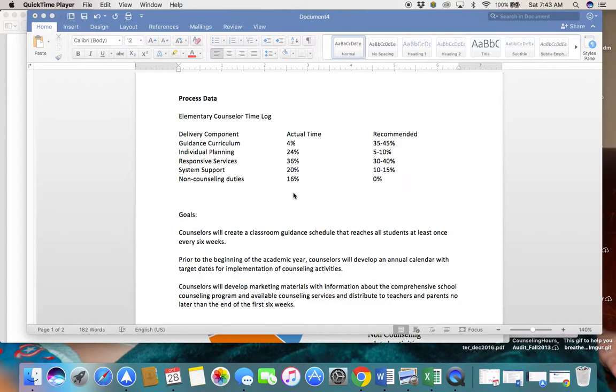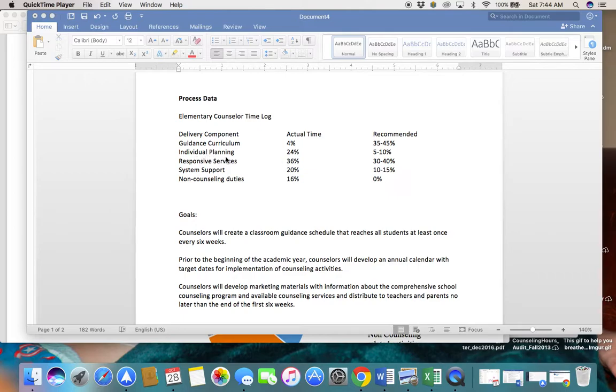Now, those of you who were on the night that Monica presented this know that she didn't record her time in the appropriate places because we haven't covered that portion. We haven't covered the delivery system yet, so she didn't understand what some of these were. She'll understand that better later on. Let me give you an example.